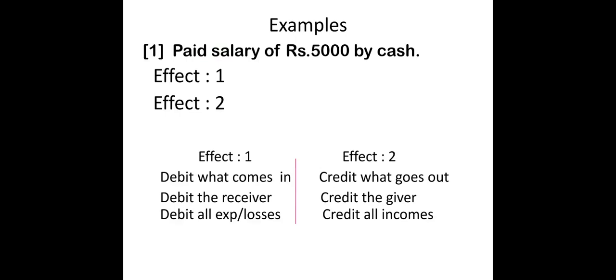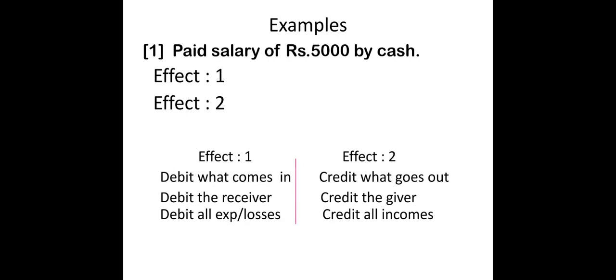But let's write down our three choices below effect 1 and effect 2. It is just for your understanding. In exam, you don't have to draw like this, you just have to write effect 1 and effect 2. But this is for your understanding.